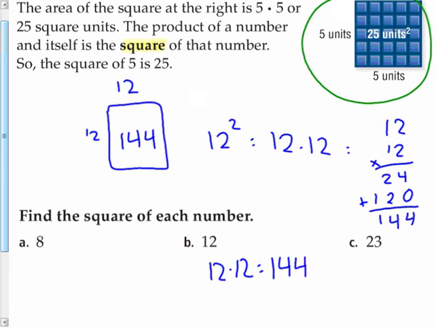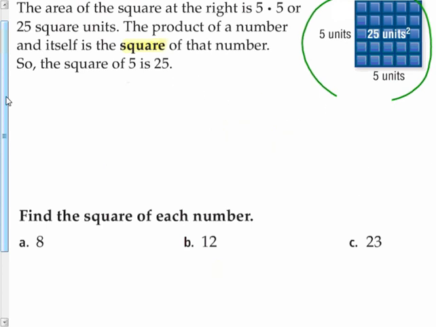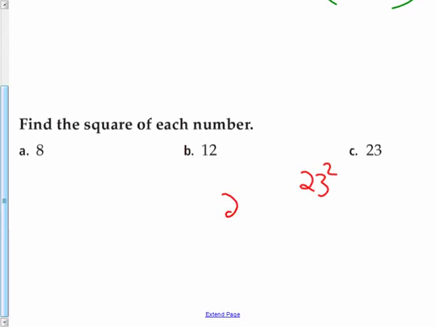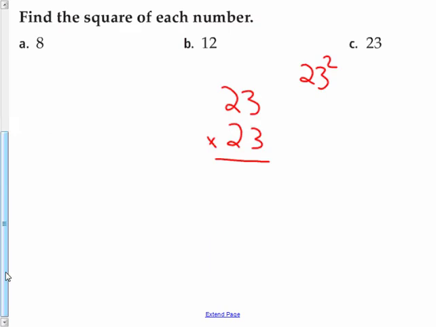And the last one we have to look at is what is the square of 23? If you're starting to sense that pattern, good. To find the square of 23, we're going to say, what is 23 to the power of 2? So we'll take 23 times 23, and we'll multiply. 3 times 3 is 9. 2 times 3 is 6.